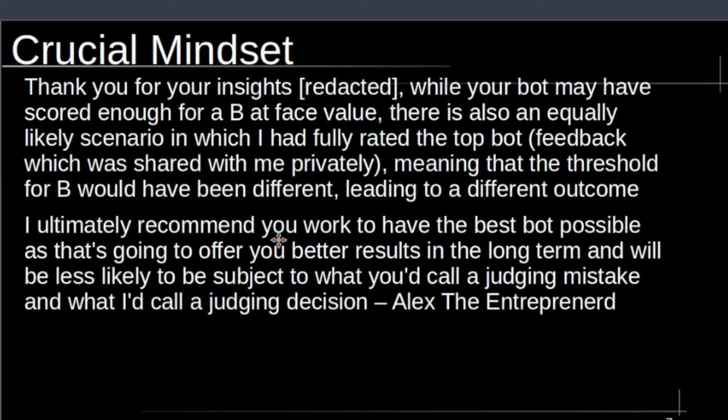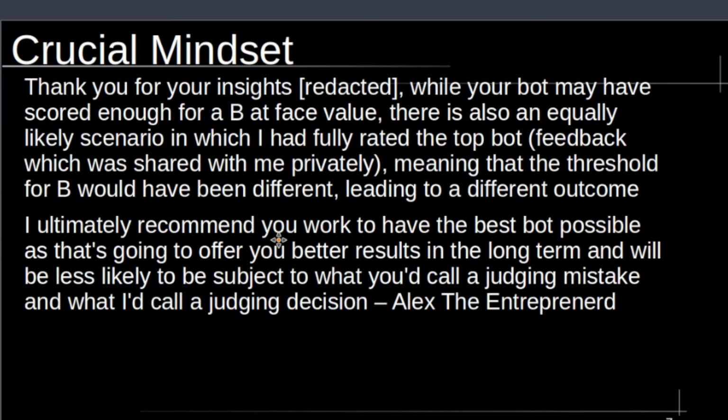And yeah, so a crucial mindset, if you do decide to get into automation, and I feel that this mindset is extremely important, and from my point of view, I always see it as a prerequisite.